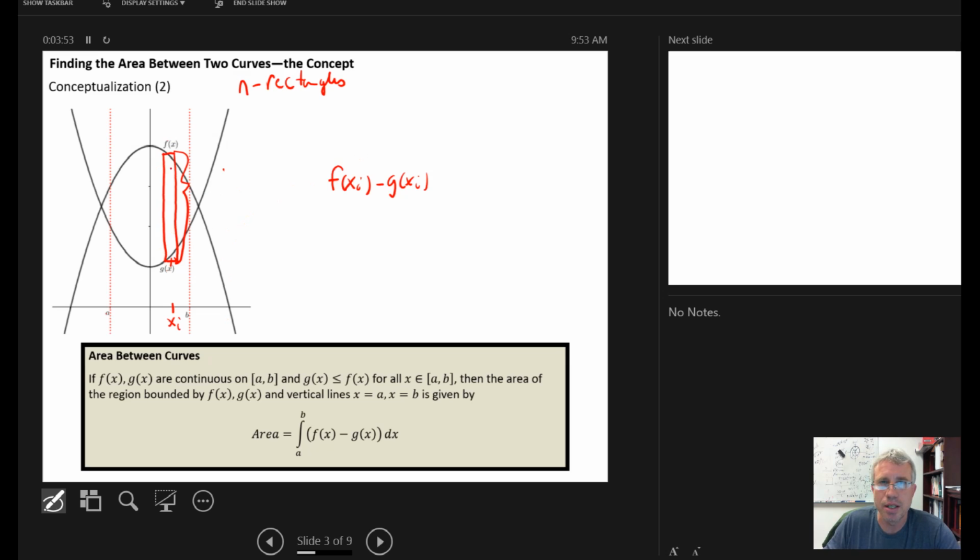And then to get the area of this rectangle, you would need to multiply it by the width. And the width is just delta x. So you would take the height times the width of the ith rectangle. And then to estimate the area between the two curves, you would just add them all up. You'd take the sum from i equals the first rectangle to the nth rectangle if I've cut the region into n rectangles.